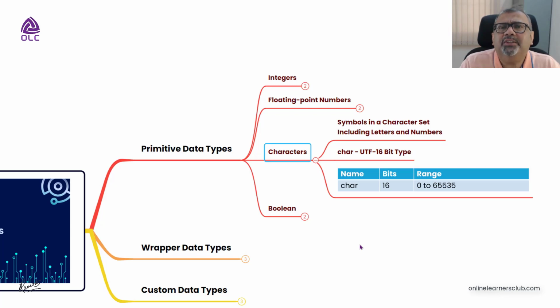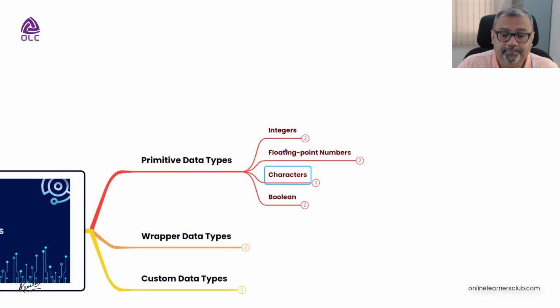So right from the inception, Java stuck to UTF-16 because ASCII has limitations, and we have difficulties in representing all the characters and symbols of all languages. And that is where UTF-16 is very useful, and it has a wide range with which all the languages are basically covered. So we have char, which is 16-bit, and we have the range represented in this particular graphic.